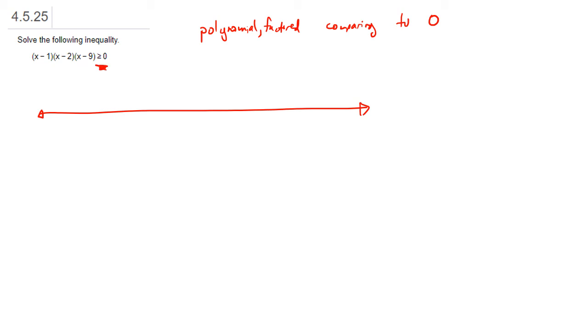This trick really only works when you have an inequality compared to 0. And specifically, that polynomial on the left needs to be factored so that I can easily address which factors are positive and negative on their own. Okay, so the roots here are 1, 2, and 9.